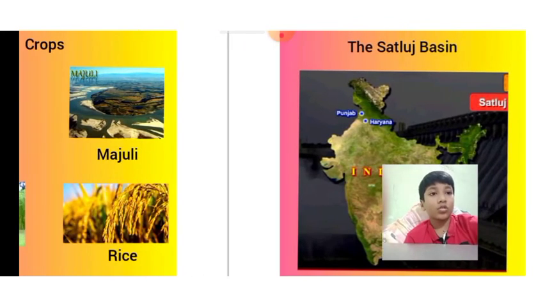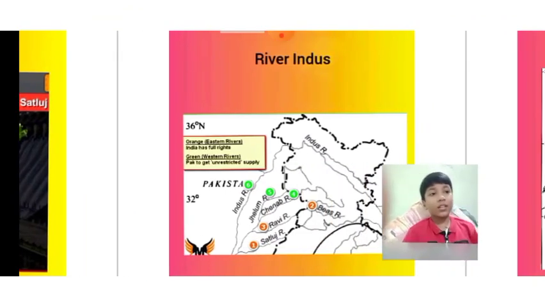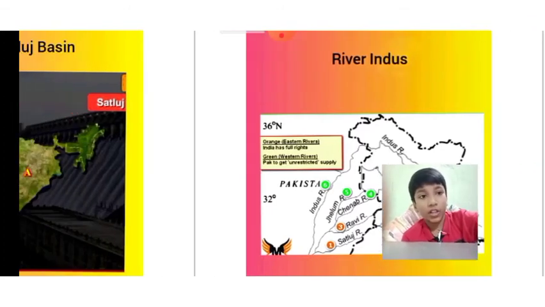The Satluj also starts from the Himalayas, comes down slowly and goes to the Arabian Sea. You may have a question, where is the Arabian Sea located? The Arabian Sea is located on this side of India, that is the western side of India. The river Indus does not start from a mountain, it starts from a lake called Manasarovar Lake and comes up and enters Ladakh and comes down and enters Pakistan.